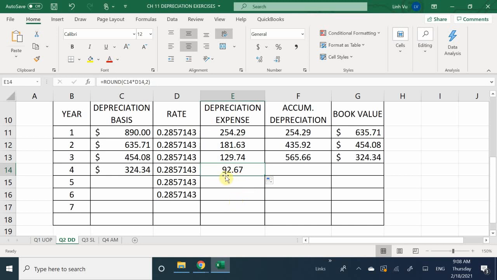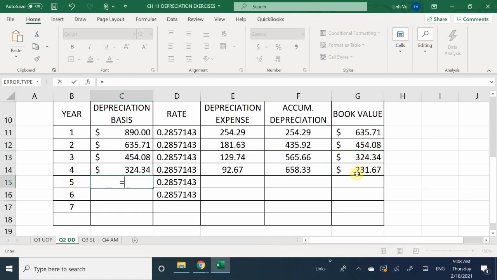Anybody else? Did you guys get 92.67? Yes. No worries. Okay. What is my accumulated depreciation? 658.33. Making my book value now 231.67. Good. That makes that my book value for year 5.